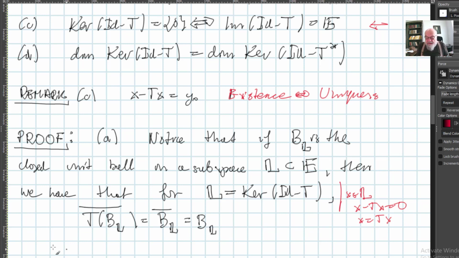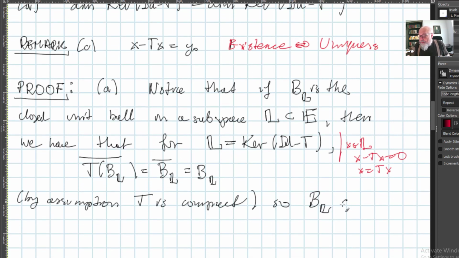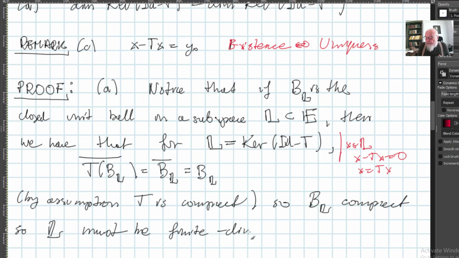And we are getting here that by assumption T is compact, so B_L is also compact, and the unit ball in a space, Banach space or normed space, is compact if and only if this space is finite dimensional. So L must be finite dimensional.